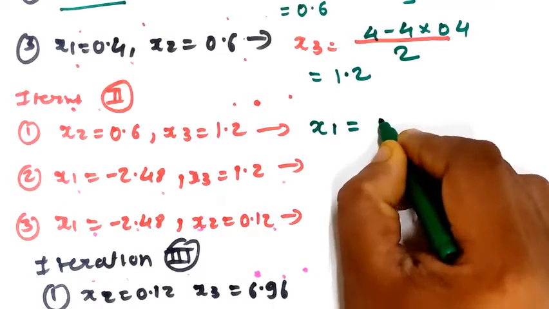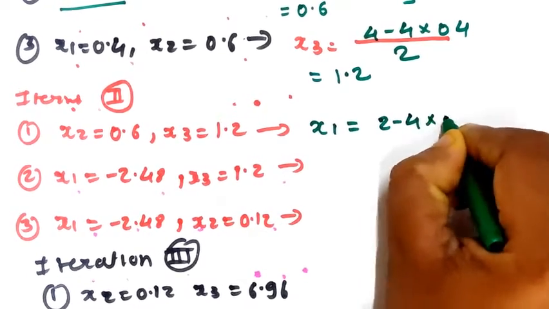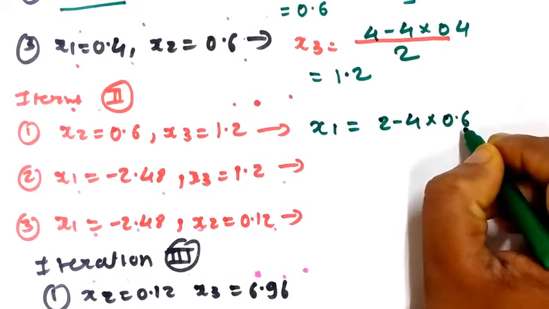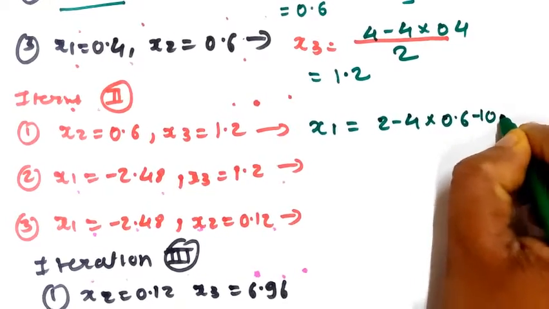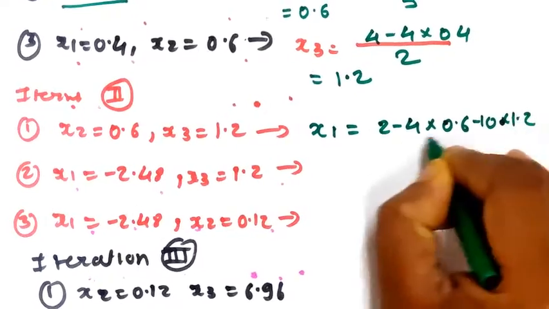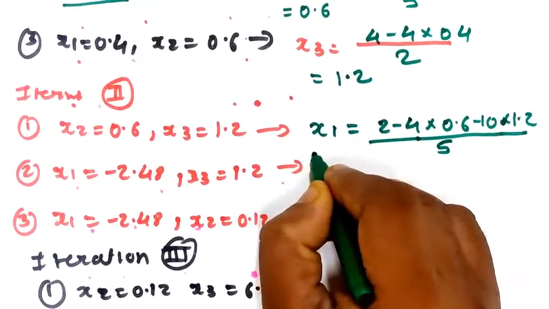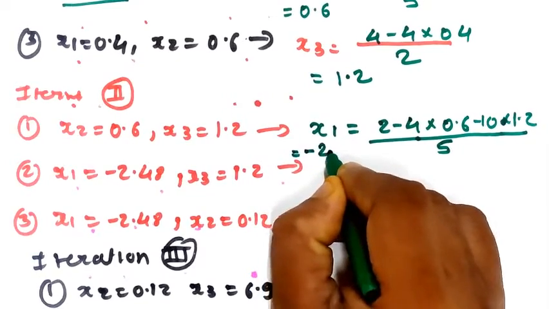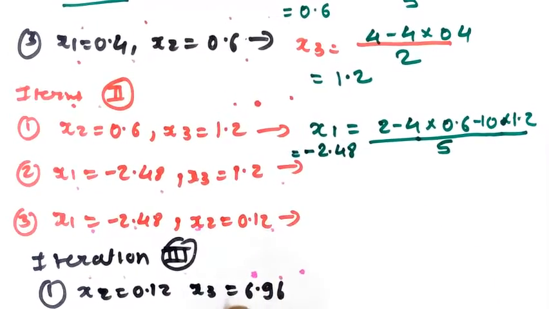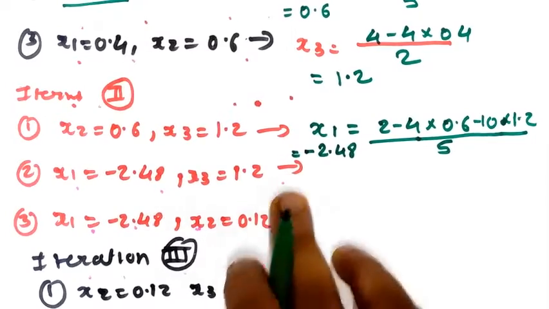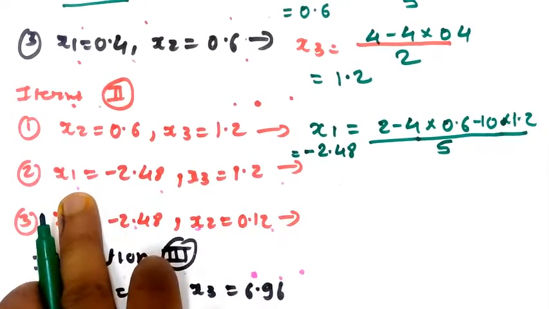You will get 2 minus 4 into 0.6, minus 10 into 1.2, divided by 5. So you will get the answer, that is minus 2.48. Correct? So minus 2.48. Again we have got a new value.